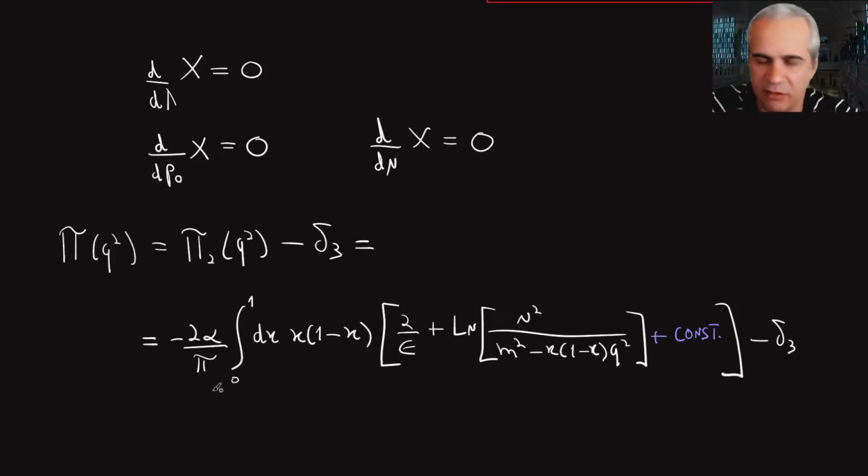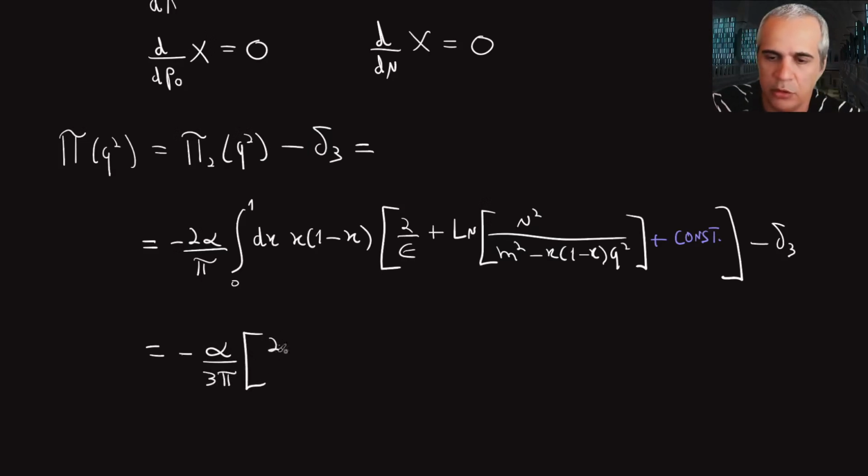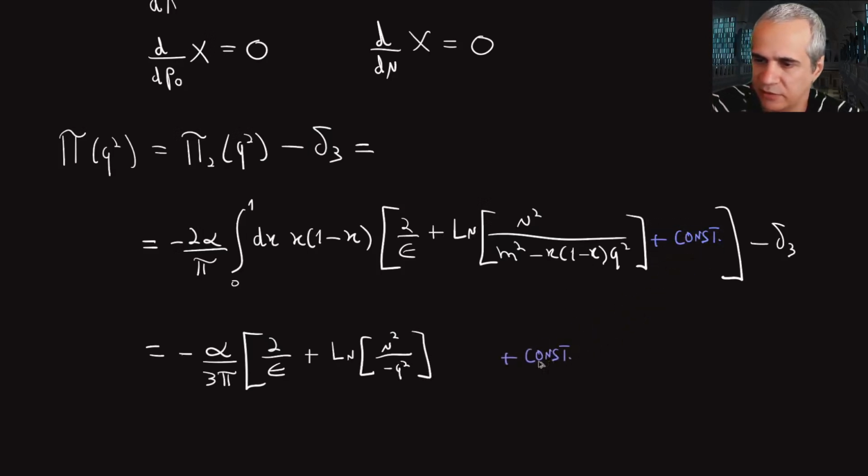Again, let's look at the ultra-relativistic limit, just because it's simpler to see stuff at that limit. Then I can disregard this mass here and do the integration. That gets easier. This becomes just minus alpha over 3 pi, 2 over epsilon, plus log of mu square minus q square, plus this thing.